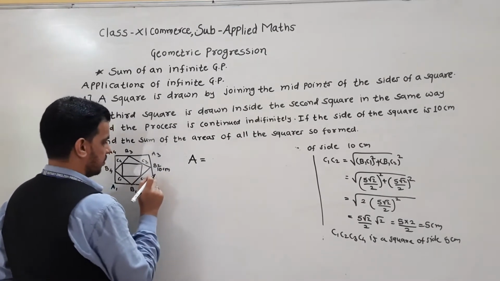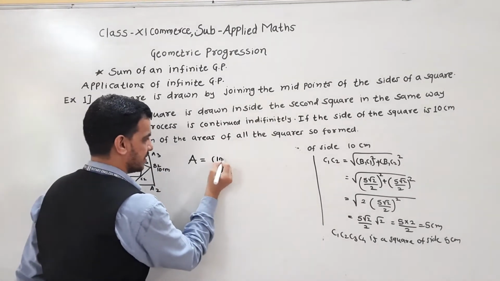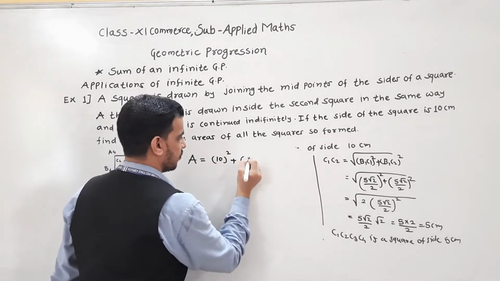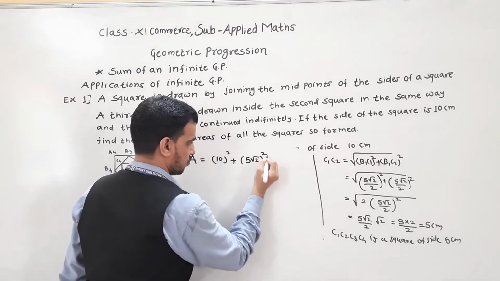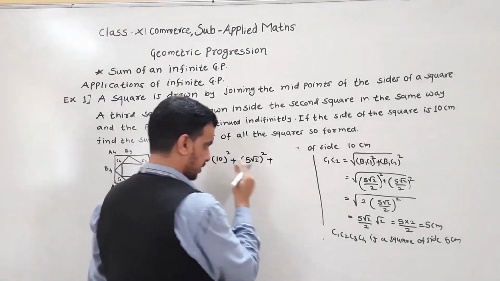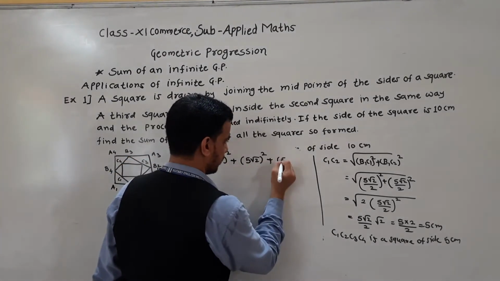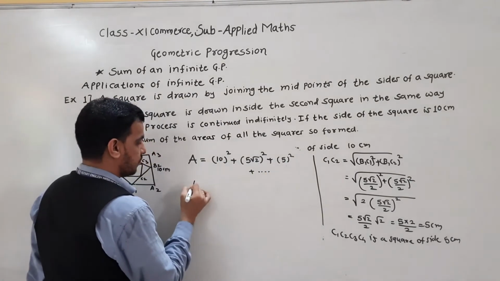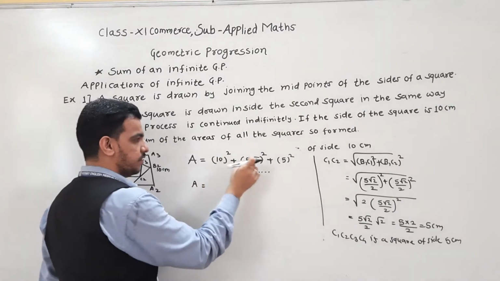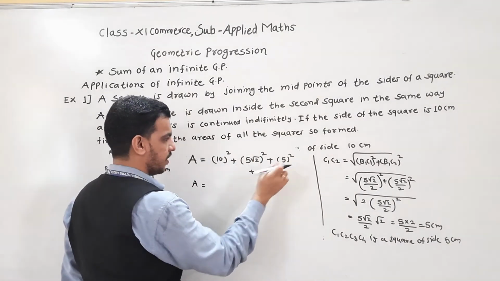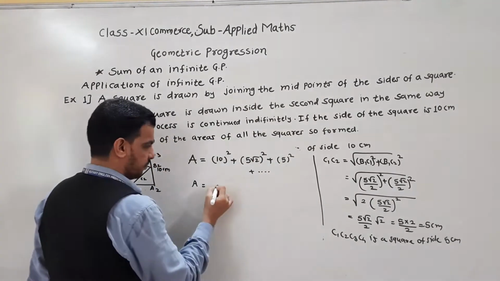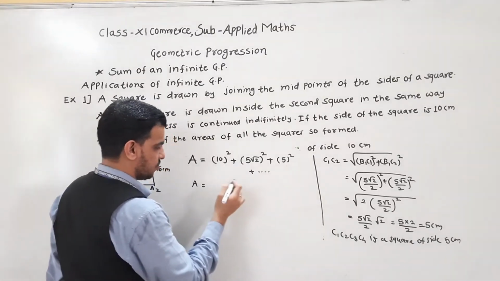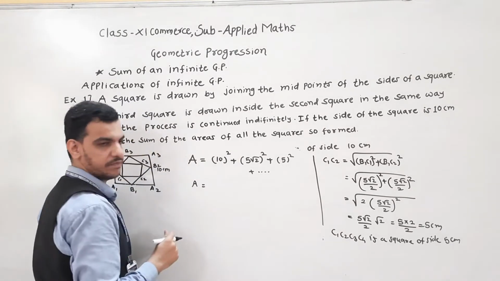The first square has side 10, so that is 10 square, plus the second square with side 5 root 2, so its area is 5 root 2 square, plus the third square, 5 square, and so on. This is a GP, and this geometric series we have to take up to infinity. So the formula is A upon 1 minus R.